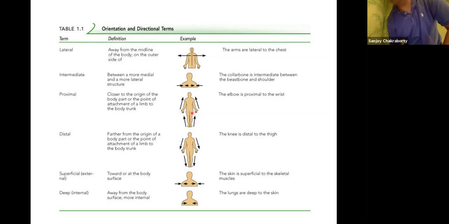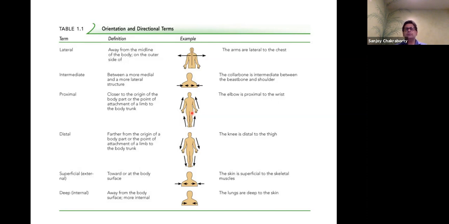So that is how we can use those two terminologies. For example, the knee is distal compared to the thigh. The thigh is closer to the body. The ankle is distal compared to the knee, because the ankle is even farther away from the body. So those are the two terminologies there.